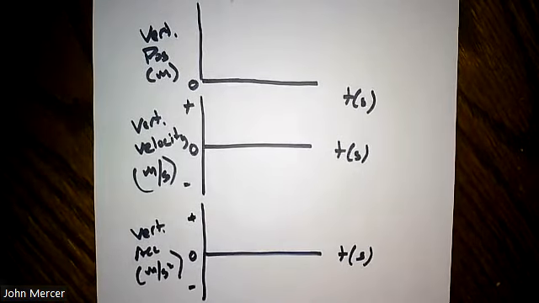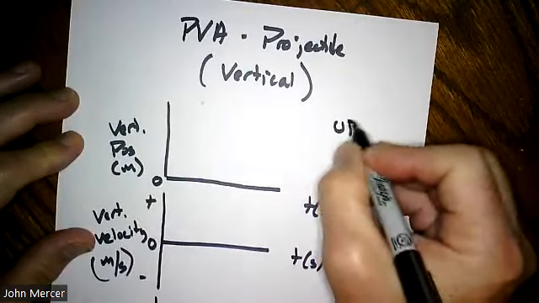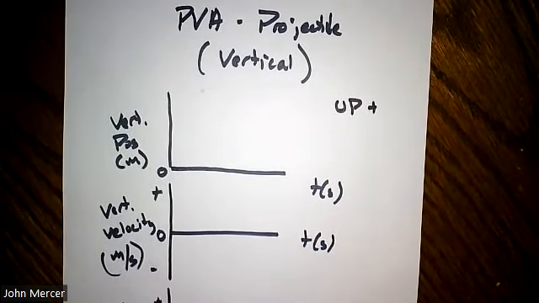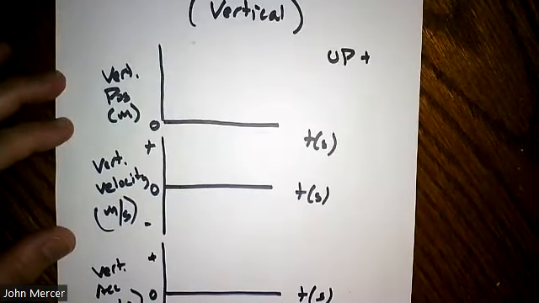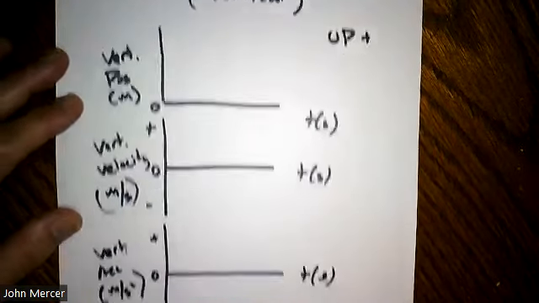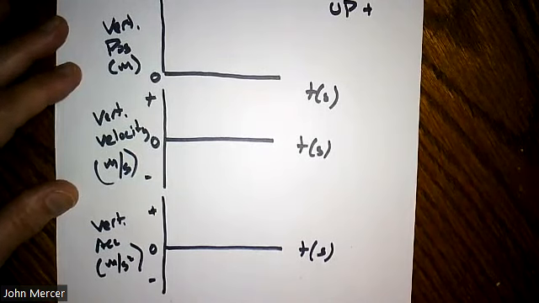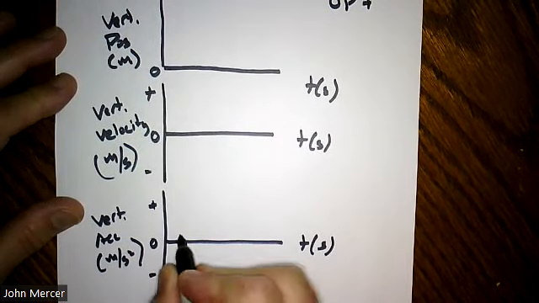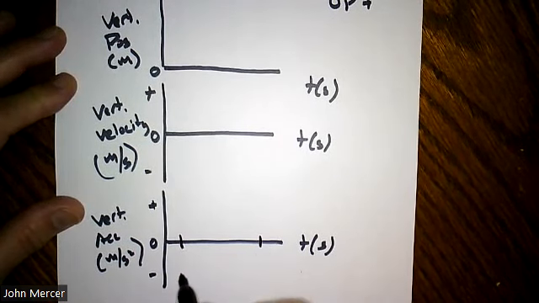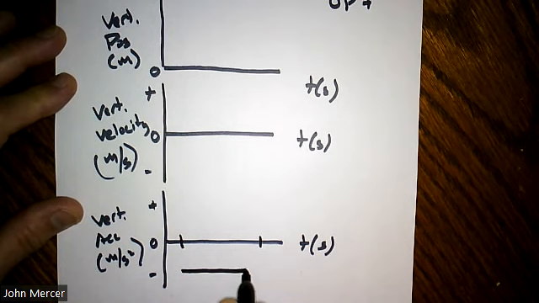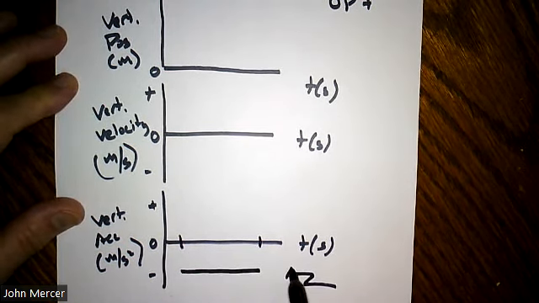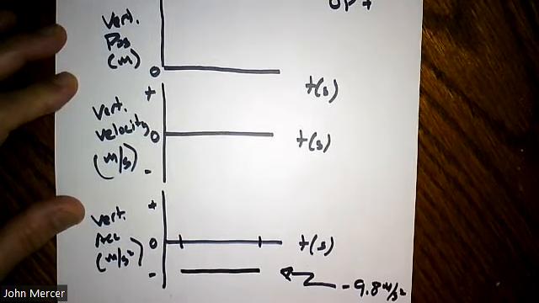All right, so let's remember we'll deal with our convention of up is positive, and we can start sketching this PVA from any one of these plots. I'll actually start with the acceleration, because we know the moment an object is being acted on by the force of gravity, acceleration is going to be constant, and that constant would be negative 9.8 meters per second squared.